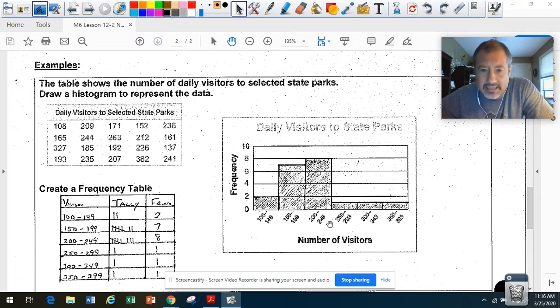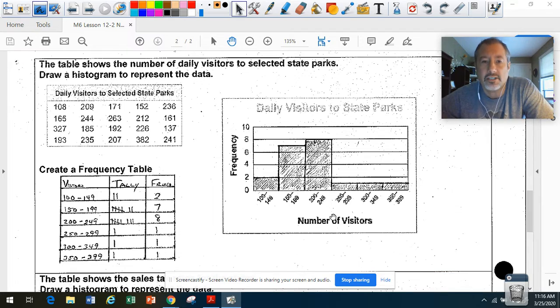So over here, to make your life easier, here's what the equal intervals are going to be: 0 to 149, 150 to 199, 200 to 249, 250 to 299, 300 to 349, and 350 to 399. Okay, so those are broken down into intervals of 50.